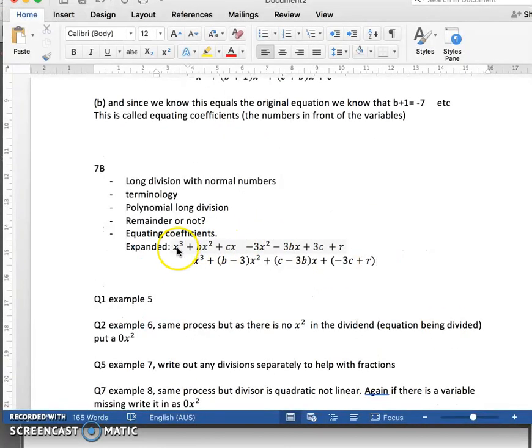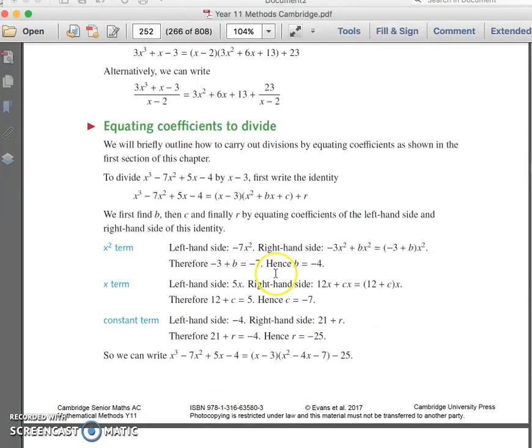And so I multiply x by everything, and then I multiplied negative 3 by everything, and I got the r on the end. And then I grouped together the things in front of the x squared, the things in front of the x, and then these things at the end, which are my constants. There's no x's on those. And I just put a bracket around them, you don't really need one, but it makes them a little group so they don't feel lonely.